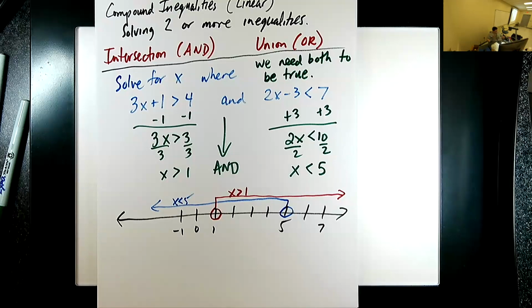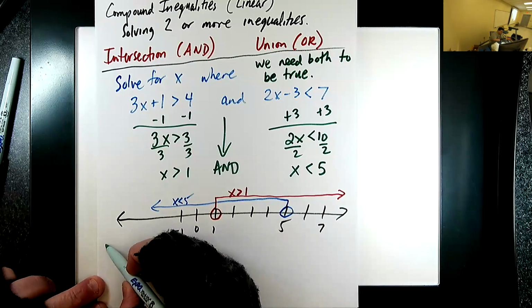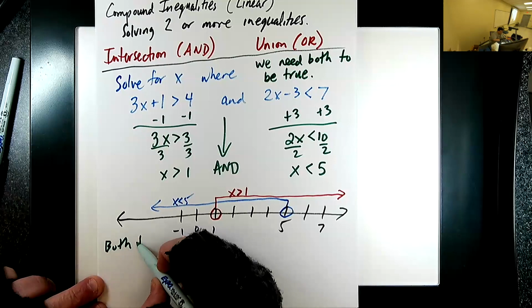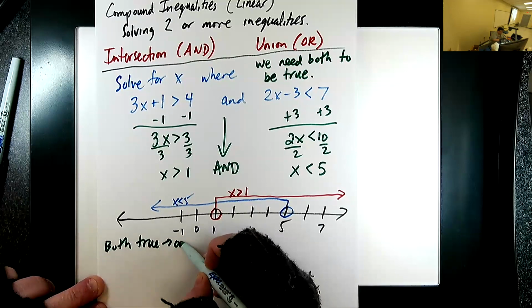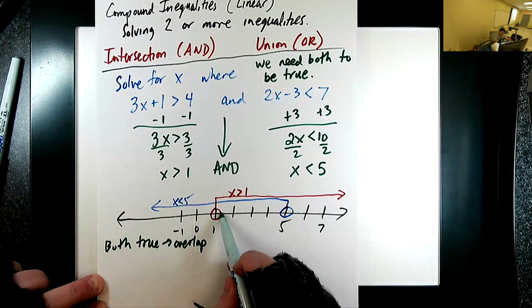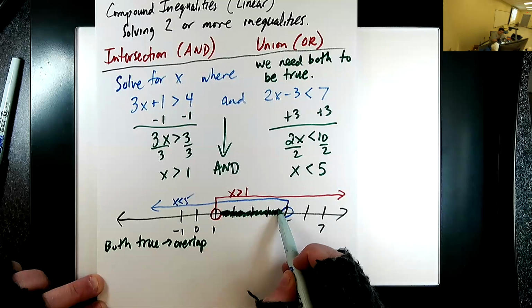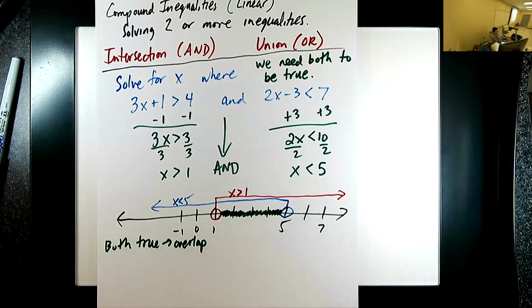So we're looking for the regions where they overlap. Both need to be true. That means overlap. The overlap is between 1 and 5. The red line and the blue line exist both between 1 and 5.